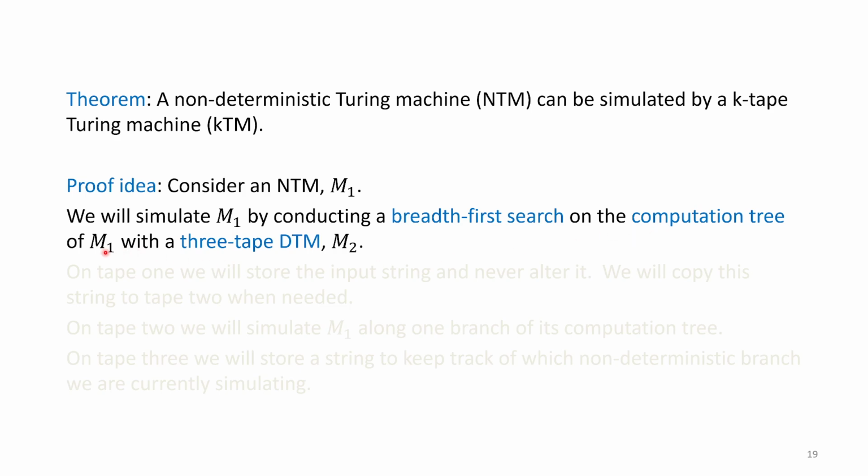So I already mentioned that we have this potential tree of configurations that we need to search, and we are selecting a breadth first search, not a depth first search, because it's possible that some of the branches of our computation tree have infinite depth.